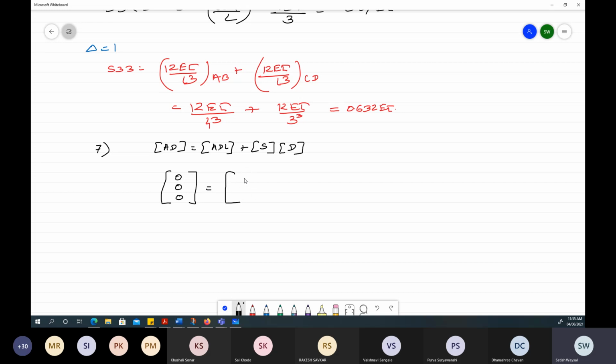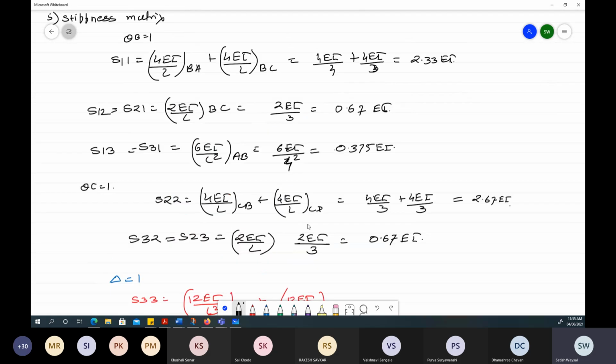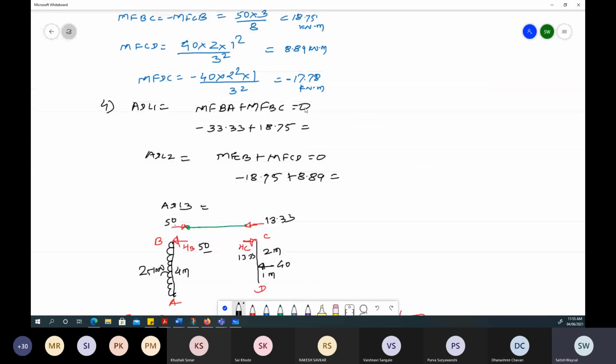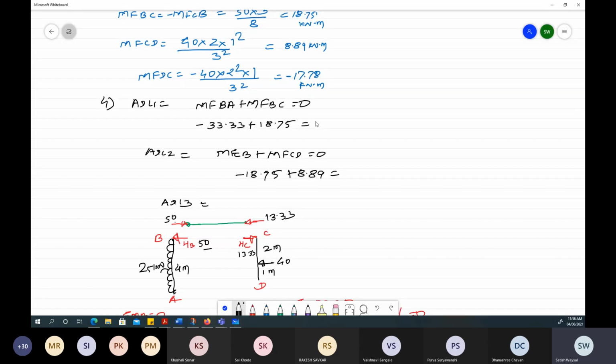ADL we have calculated for A1, A2, A3 for both the cases. How much was the first? Minus 33 from this.